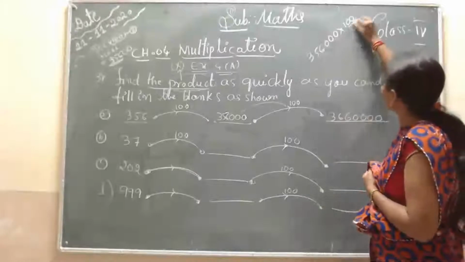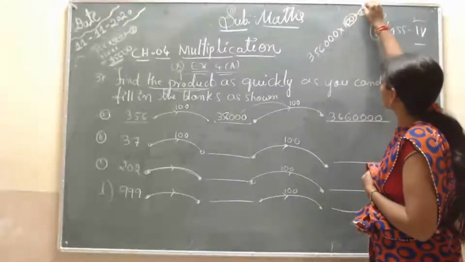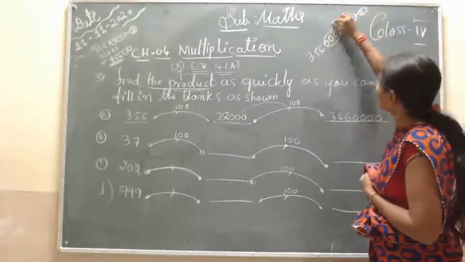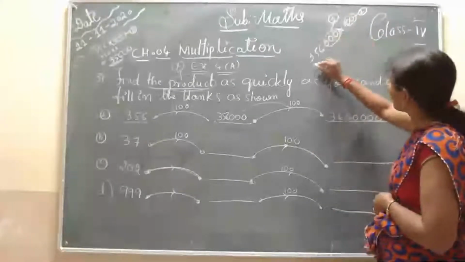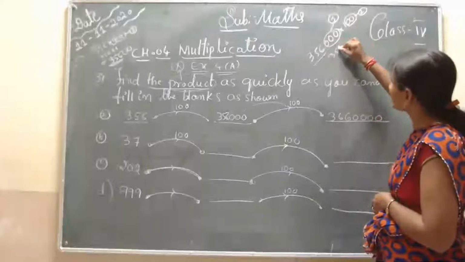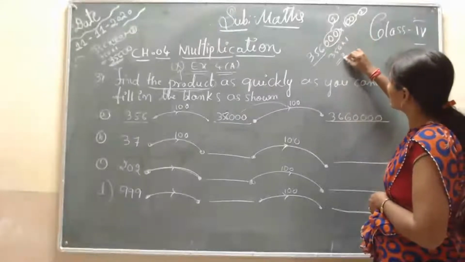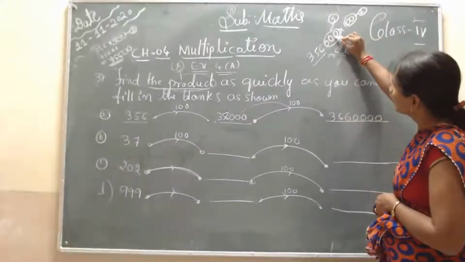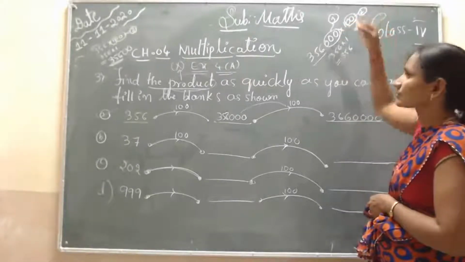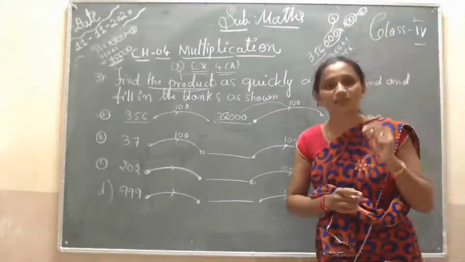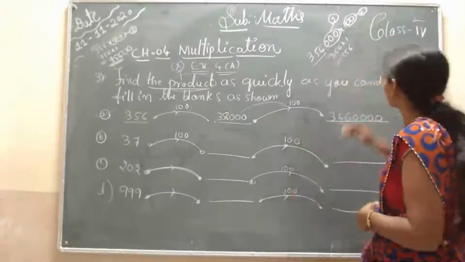Here how many zeros? 2 zeros. Here how many zeros? 3 zeros. So it is a very short method. First you multiply 356 into 1, which is 356. How many zeros? Here 3 zeros, here 2 zeros. What is the total? 5 zeros. So you have to write 5 zeros here.